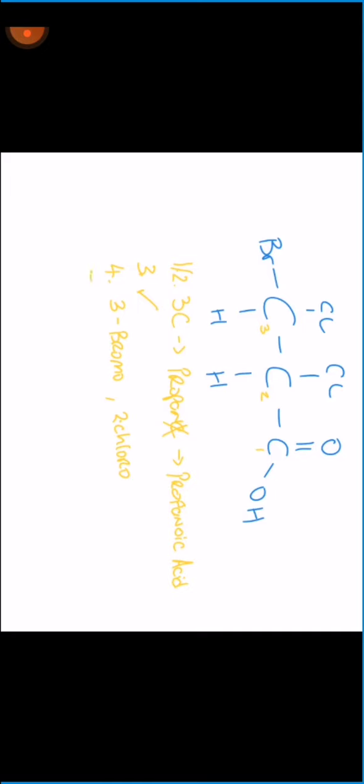Then we just need to assemble the name in step 5. So you assemble alphabetically. So it will be 3-bromo, 2-chloro, propanoic acid. And it's important here that you remember that you assemble your substituents alphabetically and not numerically.